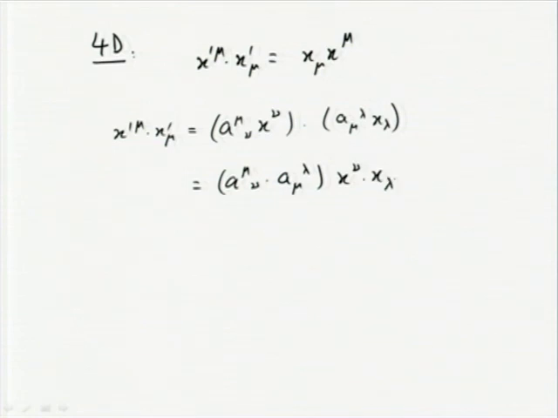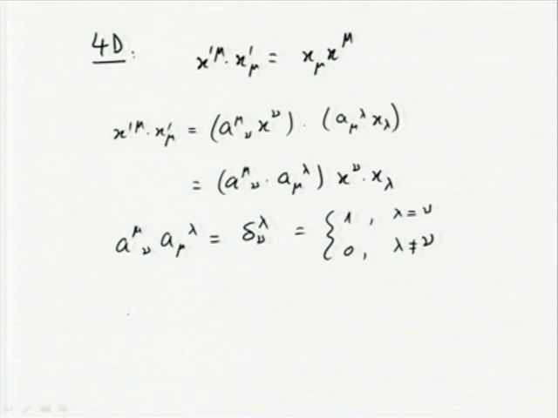Now, if you want this to be x_ν x^ν, then we have to have a_μν a^μ_λ equal to the Kronecker delta, δ_νλ, which is equal to 1 for lambda equal to nu and 0 for lambda not equal to nu.